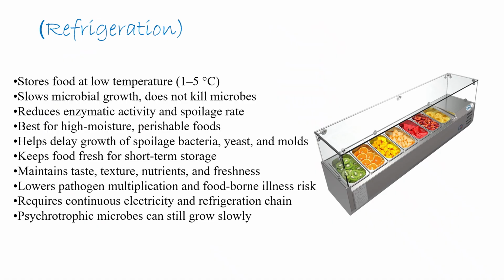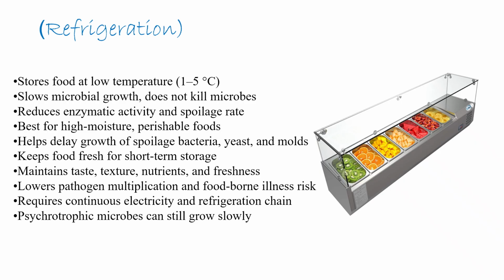And the first one is refrigeration storage. Refrigeration storage is where food is stored at low temperature. The temperature ranges between 1 to 5 degrees Celsius. In refrigeration storage, it stops or slows down microbial growth and doesn't kill the microorganisms. So it can reduce the enzymatic activity and spoilage rate of food.